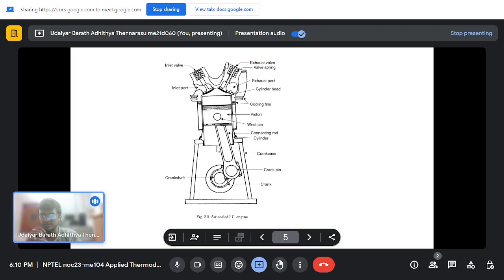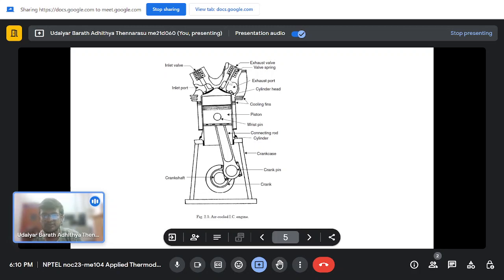So it acts as a seal. That is the piston ring, which comes between the piston and the cylinder. Here the piston has a flat top, but the piston can have different shapes and contours at the top. It's called the piston crown.